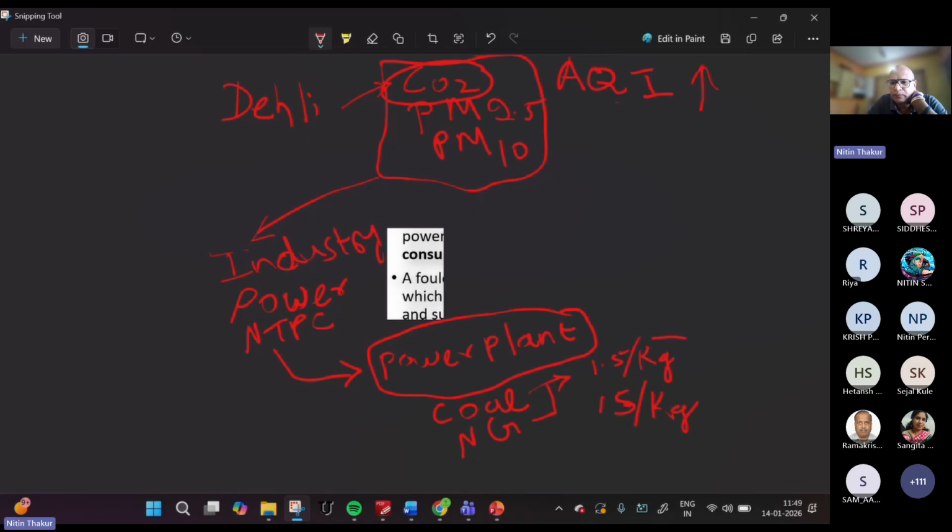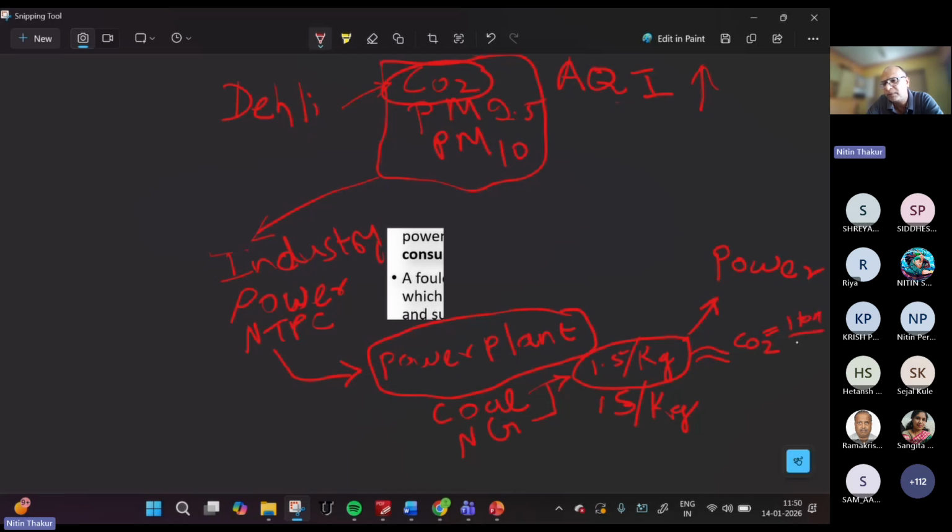Okay. So in order to make the economics of power production better, coal is preferred. But from an emissions point of view, if I'm running coal, my CO2 emissions will be, let's just say, 1 ton per kilowatt.